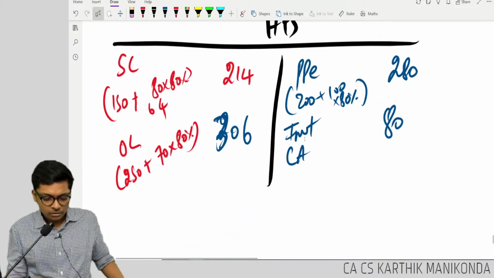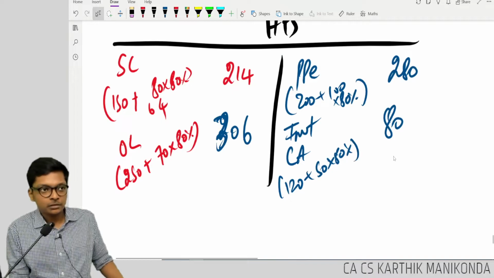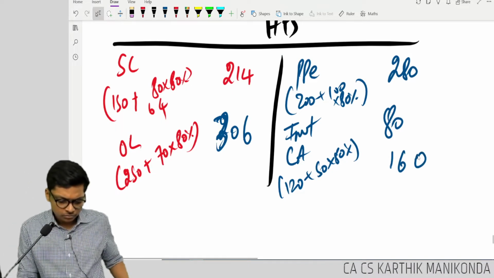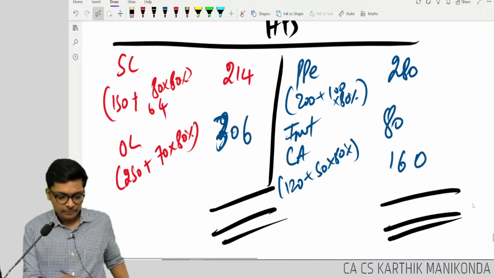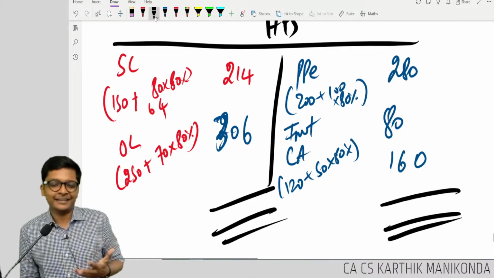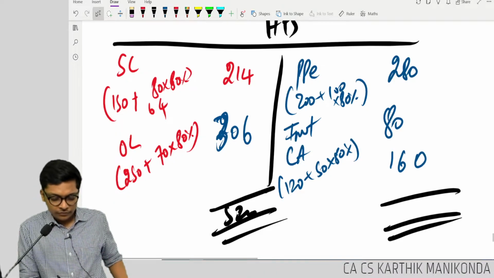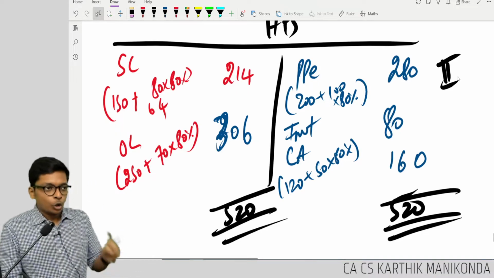So I will write 120 plus 50 into 80%. How much, guys? 160. Check if it's tallying. It should tally. Hey, come on, I did the same on both sides. How much are you getting? 520. So this is method 2.